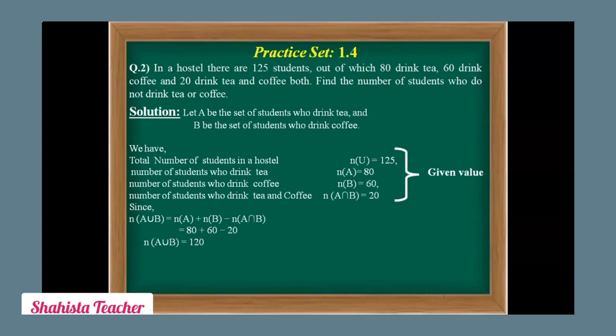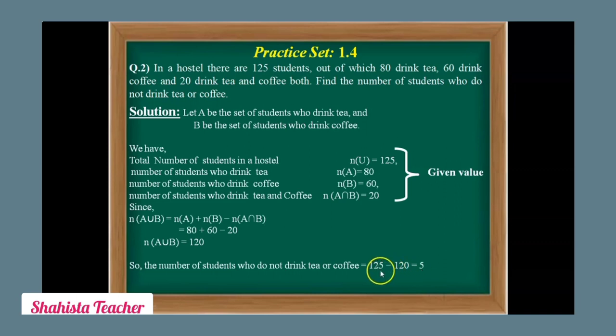So we will simply write number of U minus number of A union B. So we will get here 5 students who do not drink tea and coffee. So the number of students who do not drink tea and coffee is the total number of students 125 minus 120, A union B, which is equal to 5.